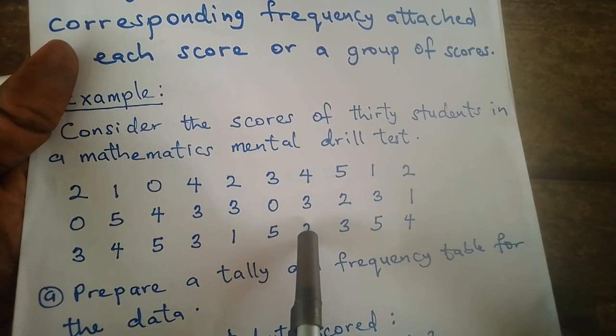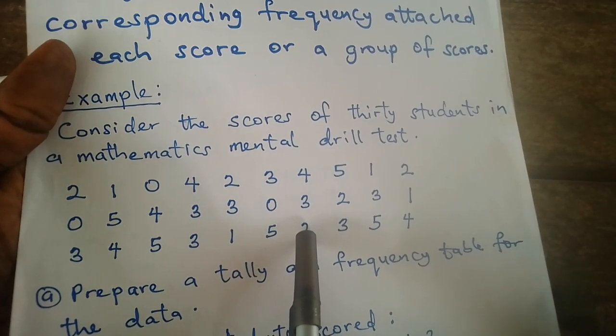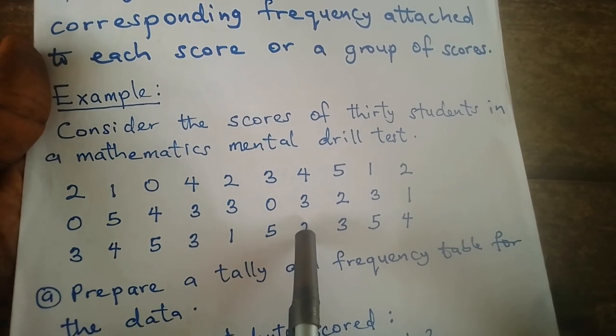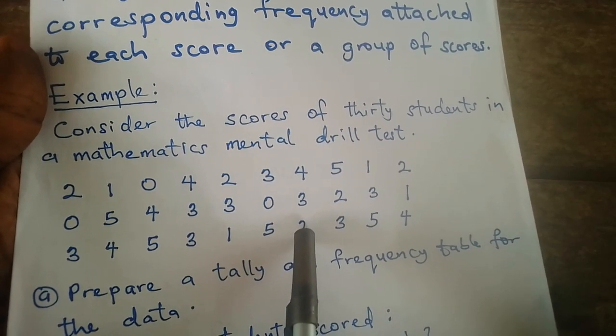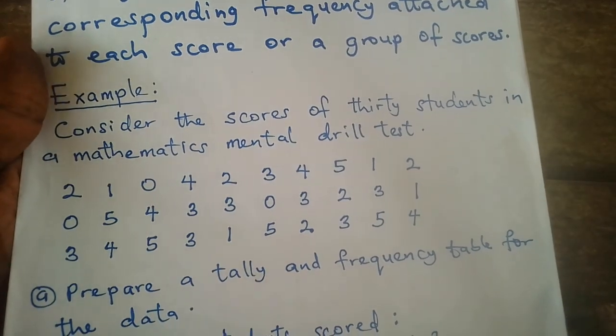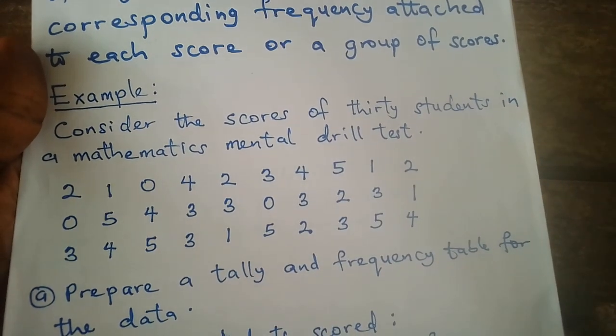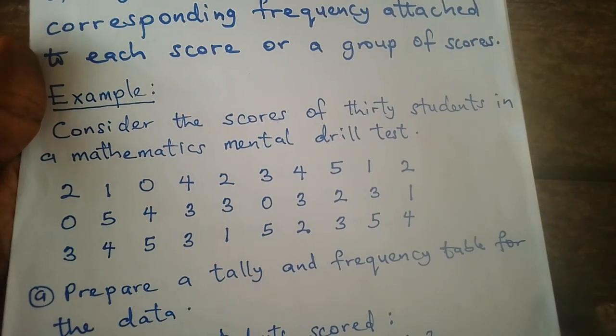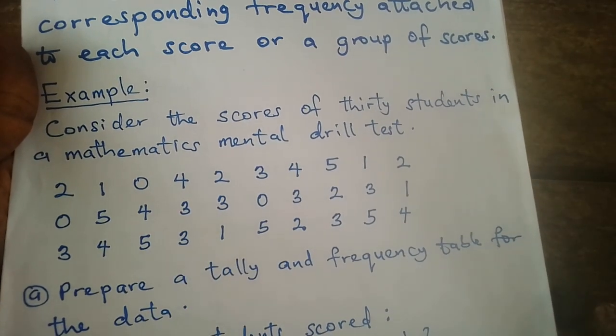So we have 2 in how many places here? 5. So 2 occurs 5 times. 5 now becomes our frequency. The number of times 2 occurs here is 5. So the frequency of 2 is 5.